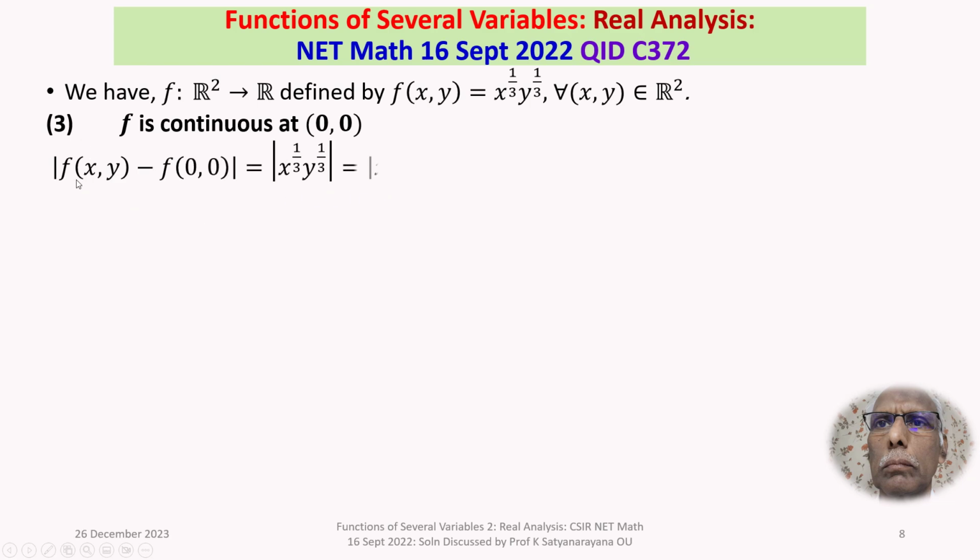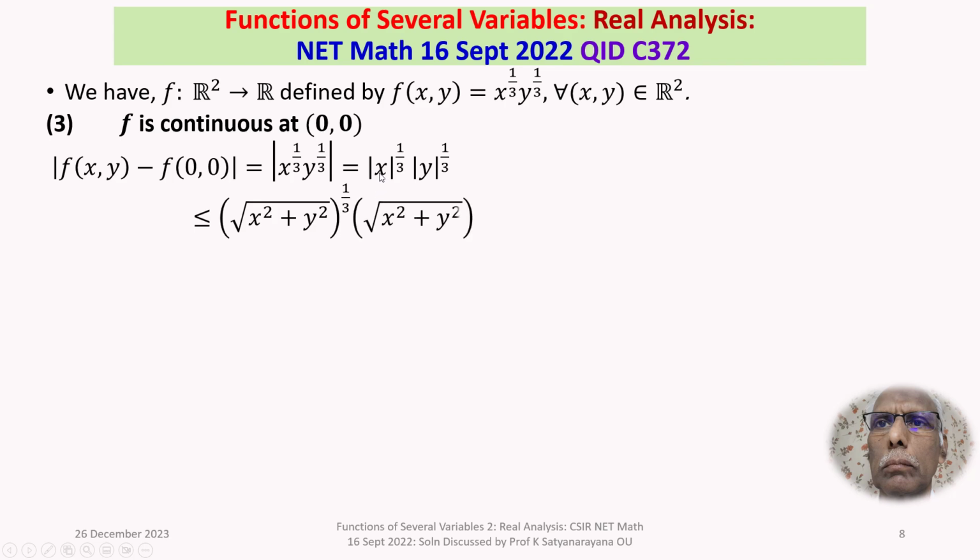So mod of f(x, y) minus f(0, 0) is equal to mod of x to the power of 1/3 into y to the power of 1/3, because f(0, 0) is 0. And modulus of the product is equal to product of their moduli, mod x to the power of 1/3 multiplied by mod y to the power of 1/3.